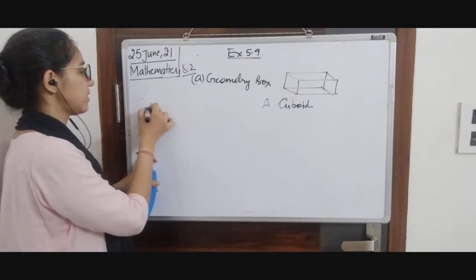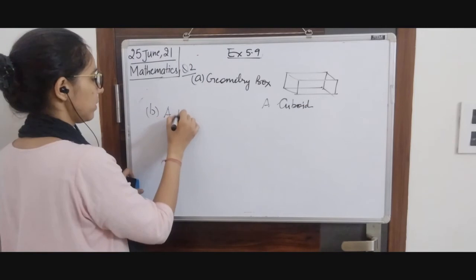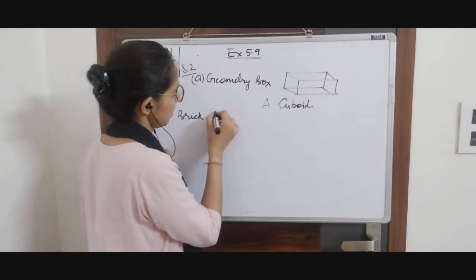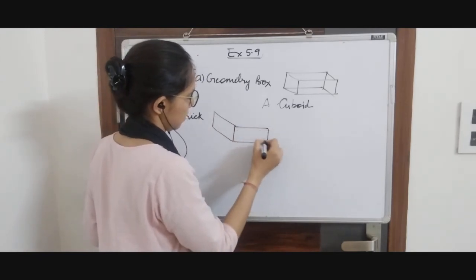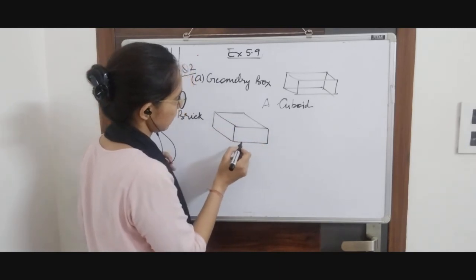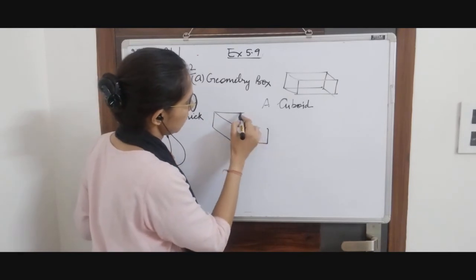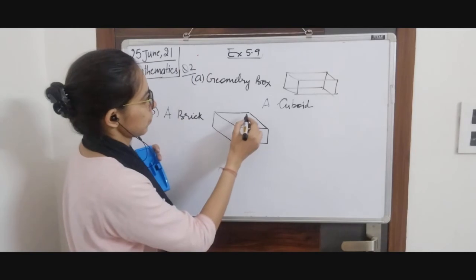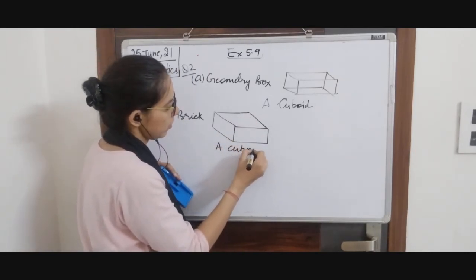Then we have the second one, a brick. A brick is a figure like this. And it is again a cuboid.